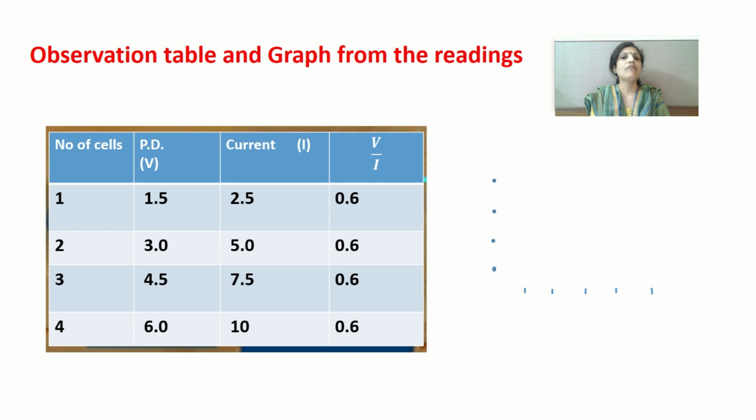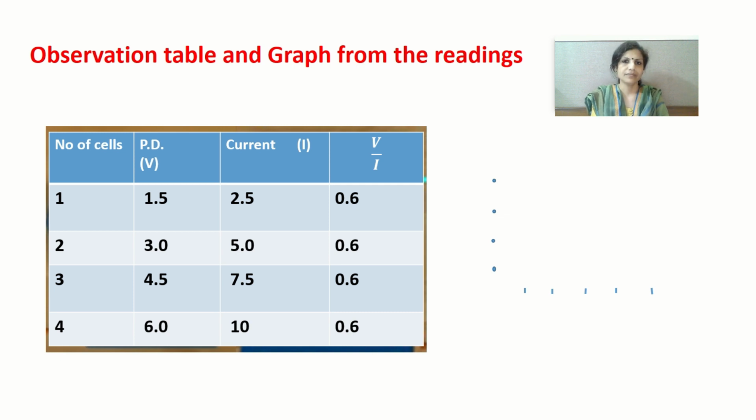And finally when we connected 4 cells in the circuit, the potential difference was 6 volt, the voltmeter was showing the reading as 6 volt, and the reading in the ammeter was 10 amperes. If you take the ratio of V upon I, again it is equal to 0.6.